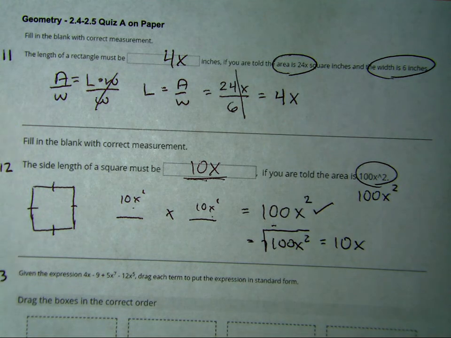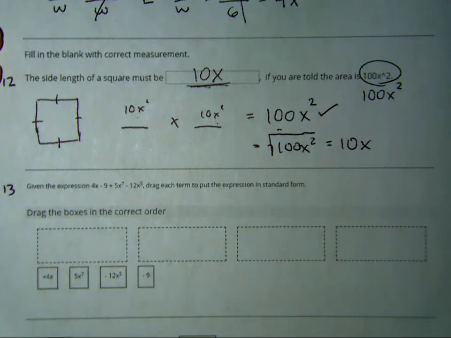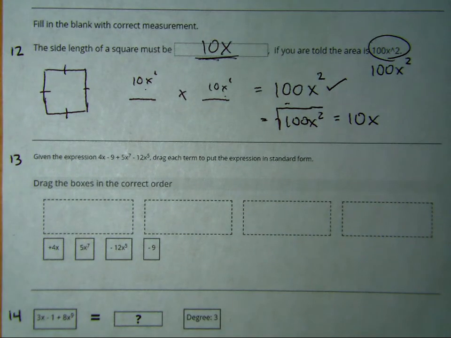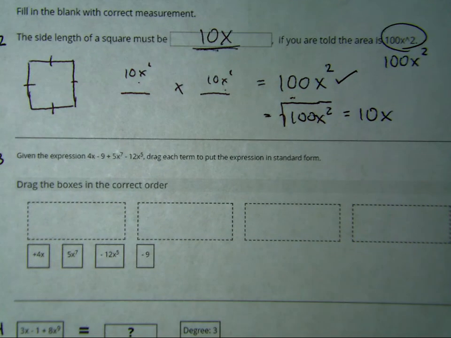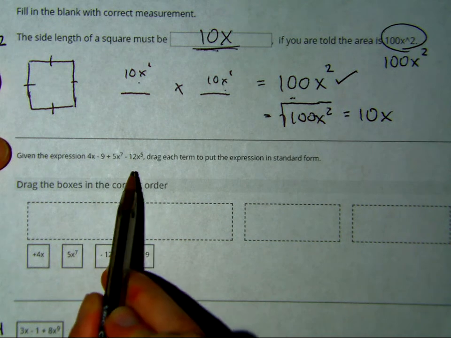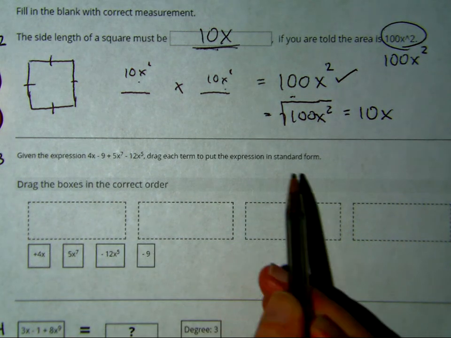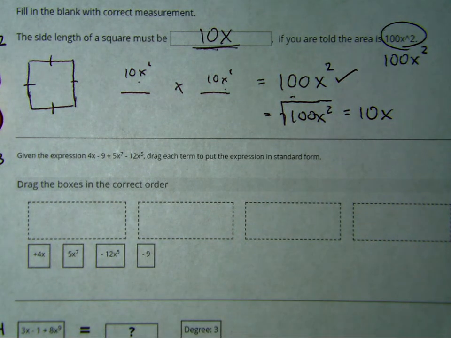Okay. So now we have a polynomial, and we need to write this in standard form. Standard form means you write it in order from an exponent with the highest degree to lowest degree, and then you write the constant number.